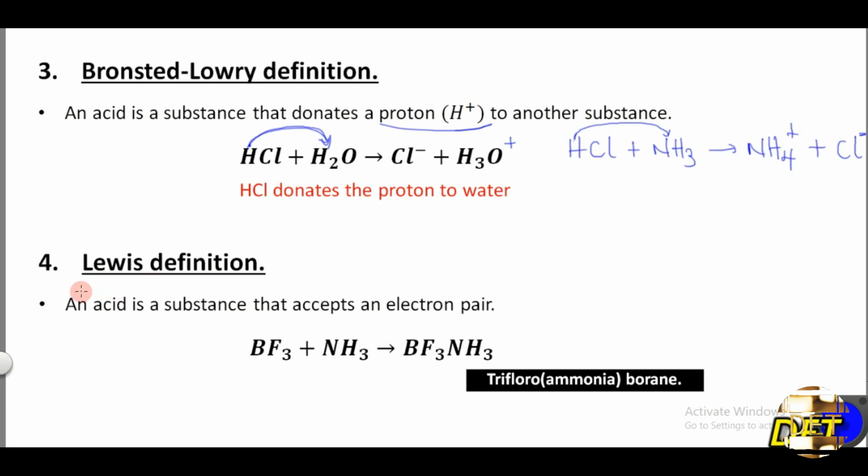The last definition of an acid we're going to look at here is the Lewis definition of an acid. Lewis defined an acid as a substance that accepts a lone pair of electrons, right?